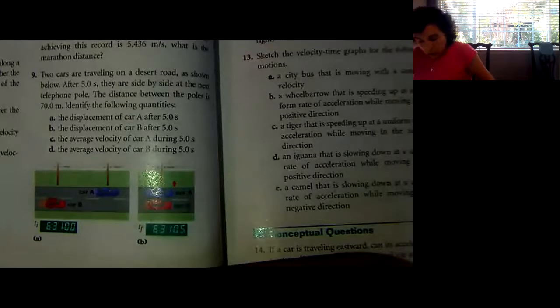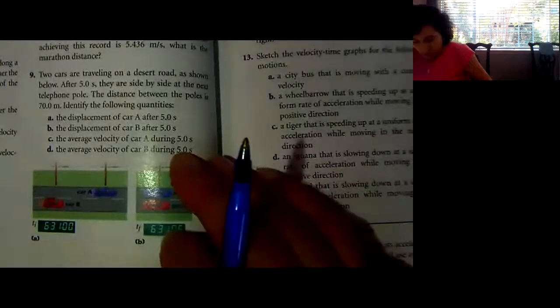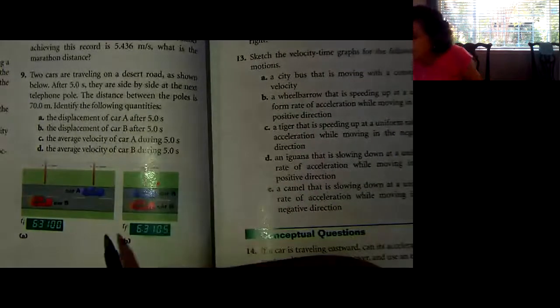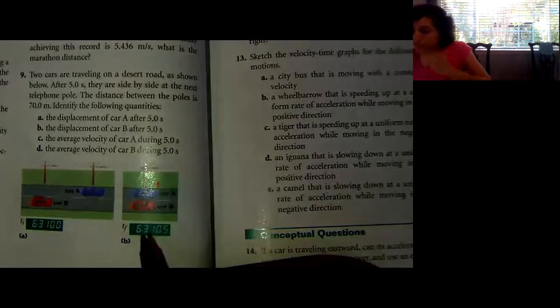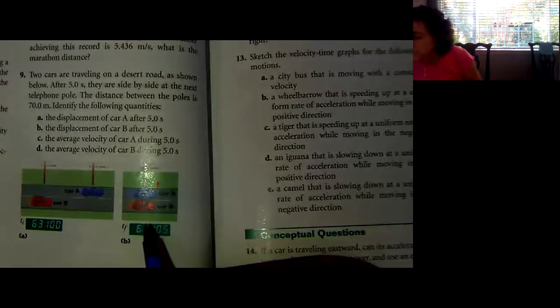So 2 cars are traveling on a desert road, as shown below. After 5 seconds, they're side by side next to a telephone pole. The distance between the poles is 70 meters, and then they want us to identify the following quantities.